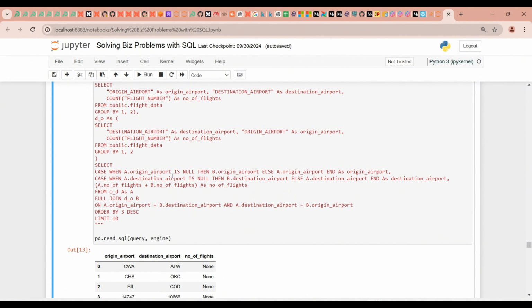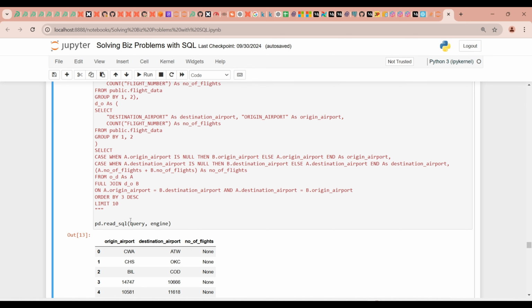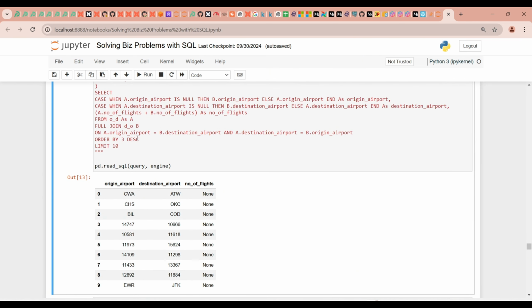Where A dot origin airport is the destination airport. Let's filter.